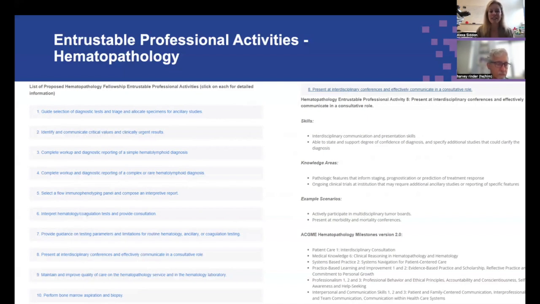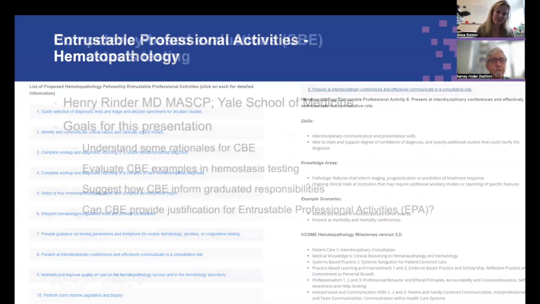And then when you read the individual EPA for one of those larger categories, it breaks it down into what exact skills are necessary to accomplish that task, the knowledge areas, some example scenarios, and which of the hemopath milestones each of these tasks touches on. So these are great resources to integrate into training. And there are EPAs up and coming for a lot of the different areas in pathology.